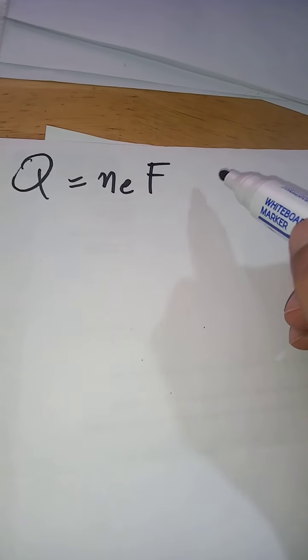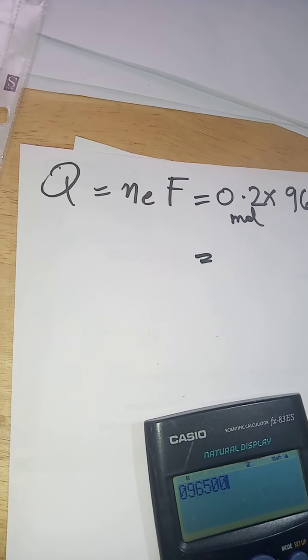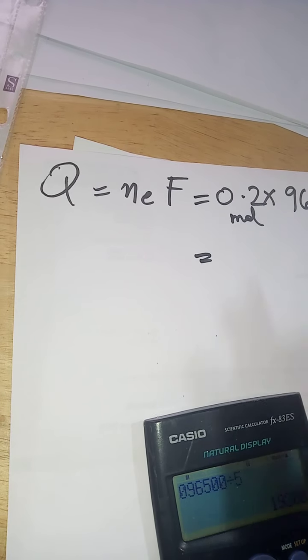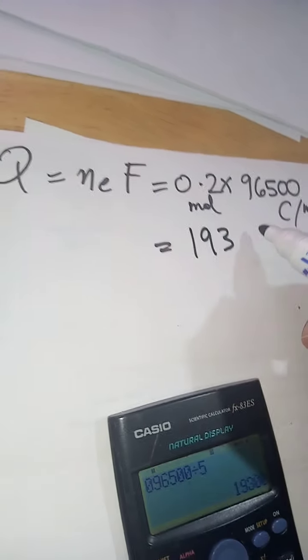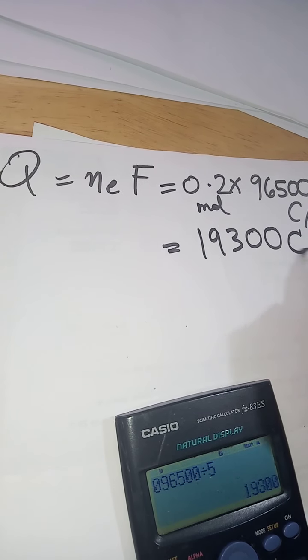Similarly, you'll come across questions asking how much electric charge. So now we will twist the equation and ask how much electric charge is carried by 0.2 moles of electrons. That'll be 0.2 times 96,500 coulombs per mole. Always write the units, and that'll be 19,300 coulombs.